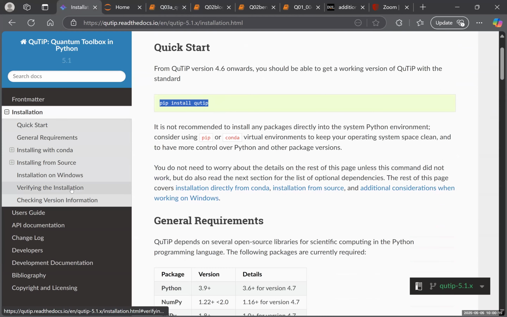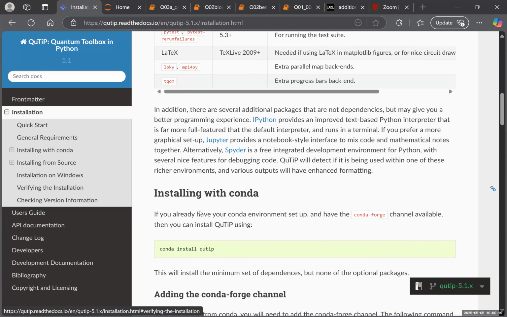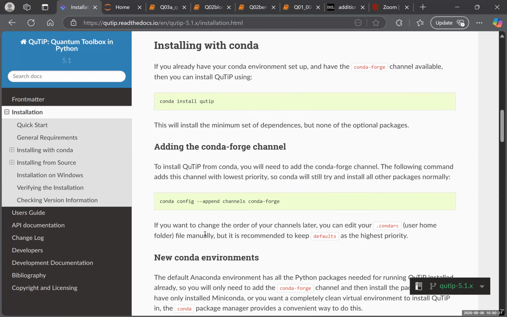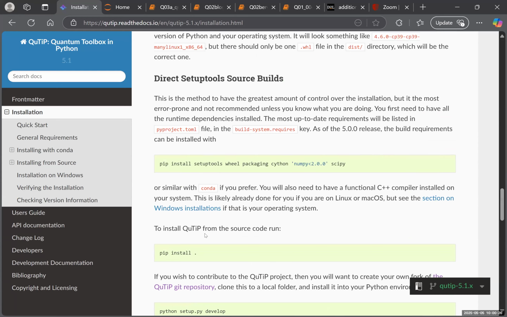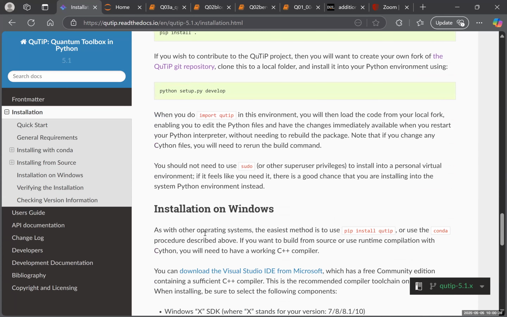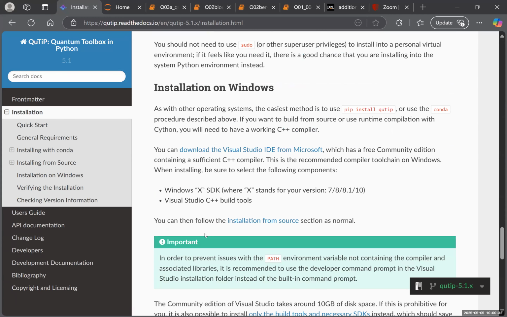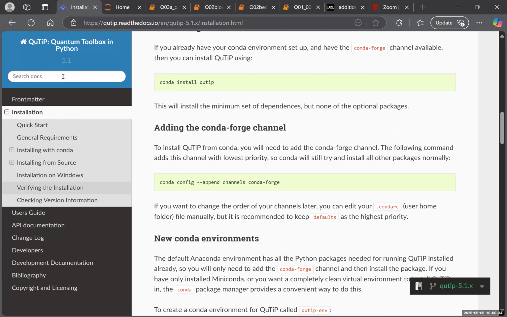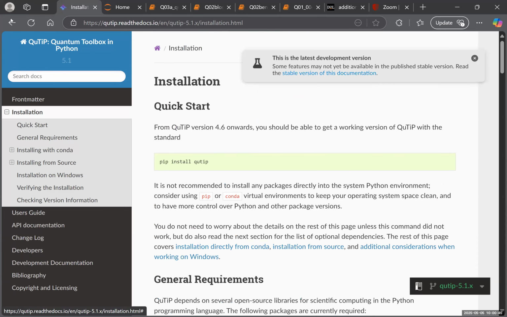Maybe later. I didn't explicitly mention that here. See if they have it anyway. Quantum gate installation.